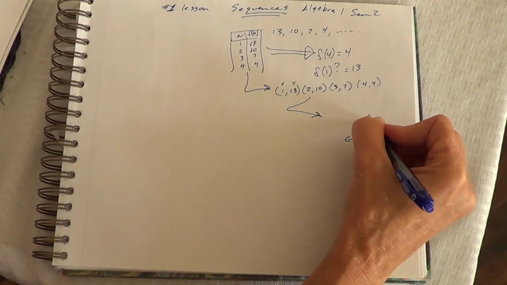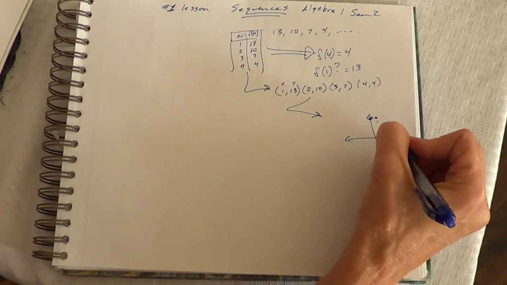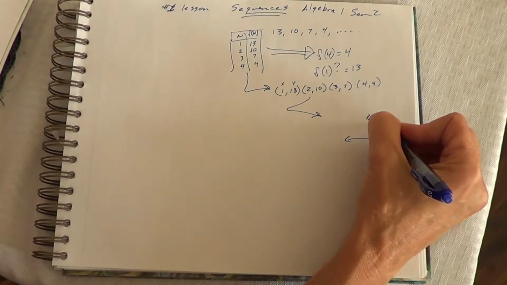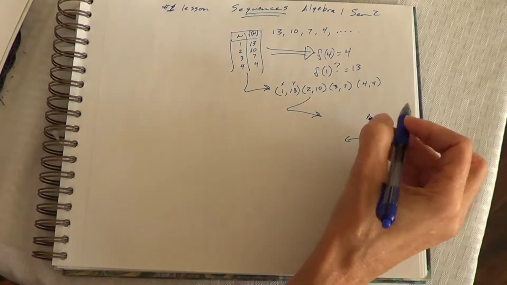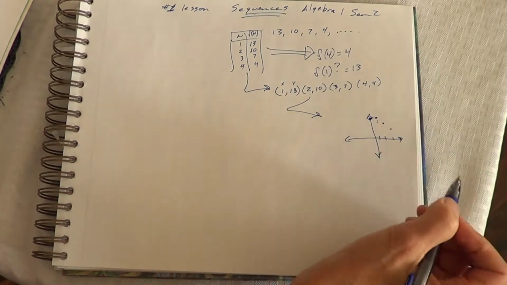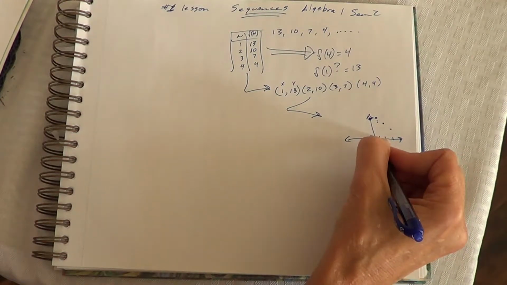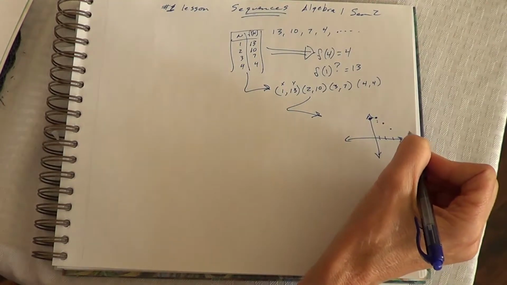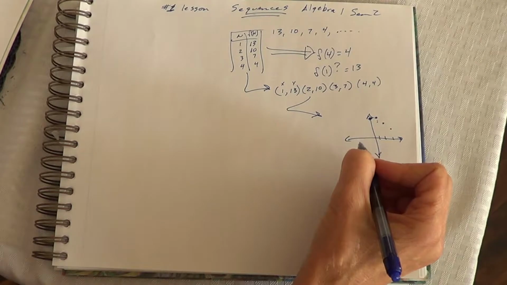Oh, I'm sorry, I put that at 0, 13. Let's go 1, 13, go over 1, up 13, go over 2, up 10, over 3, up 7, and I know I don't have the points there, but you can see where the numbers on my grid, which you should have. I always encourage you to. I'm just trying to give you ideas here. This is simply for an idea.